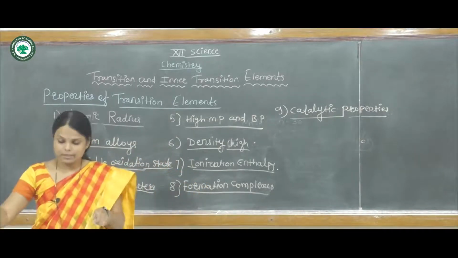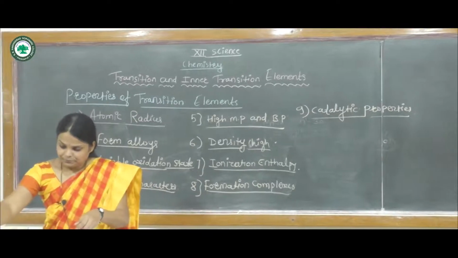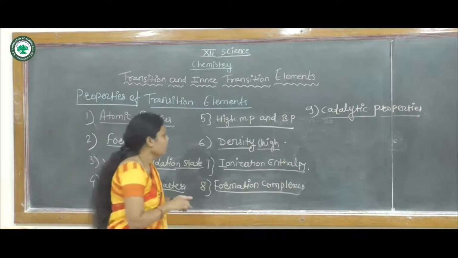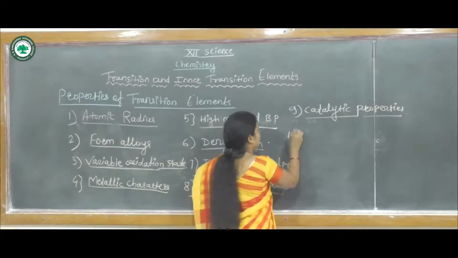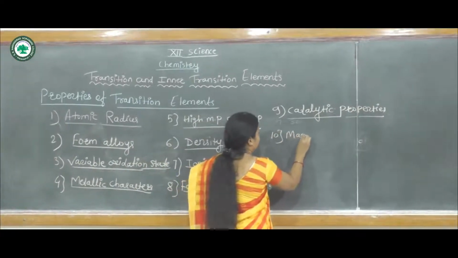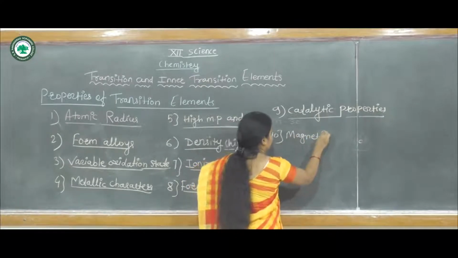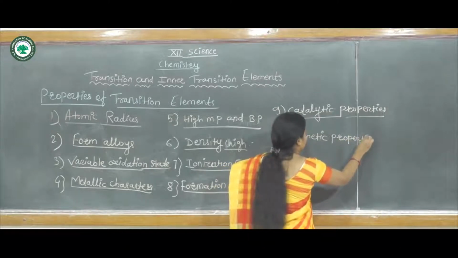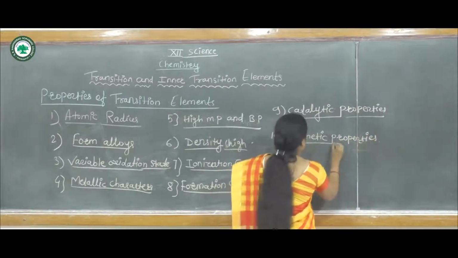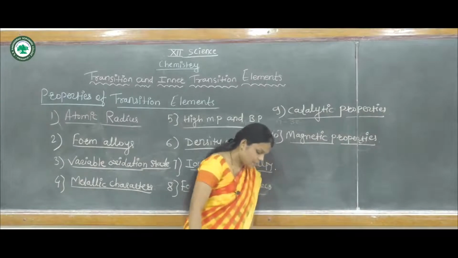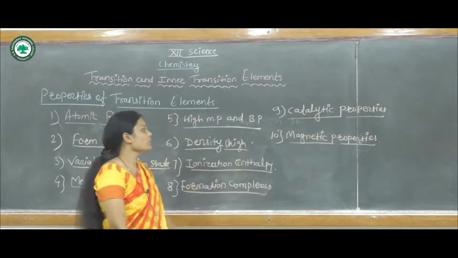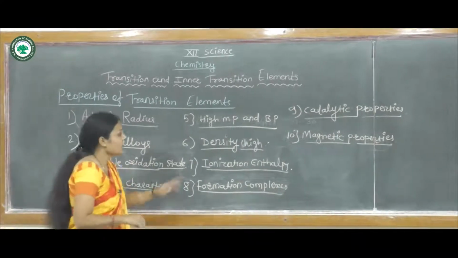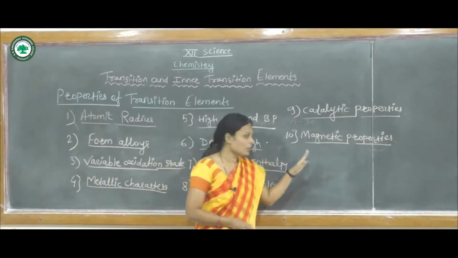The next property is magnetic properties. The transition elements can show magnetic properties, of which two types are shown.